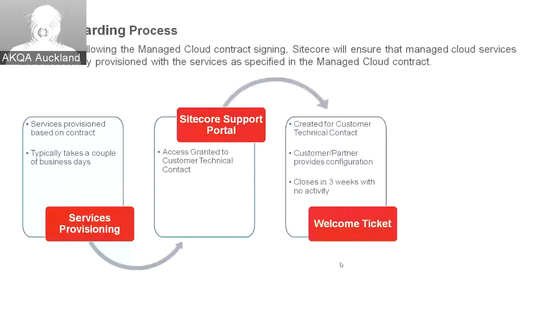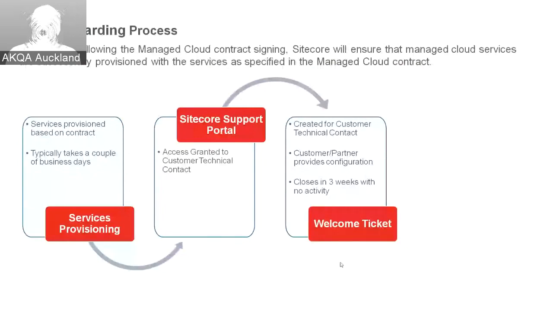Okay. So after this is done, in the support portal, as a partner and as a client, you will get a welcome ticket from them where they'll ask some questions to fill, like what kind of modules you want to install and all those things, which is there in the welcome ticket.